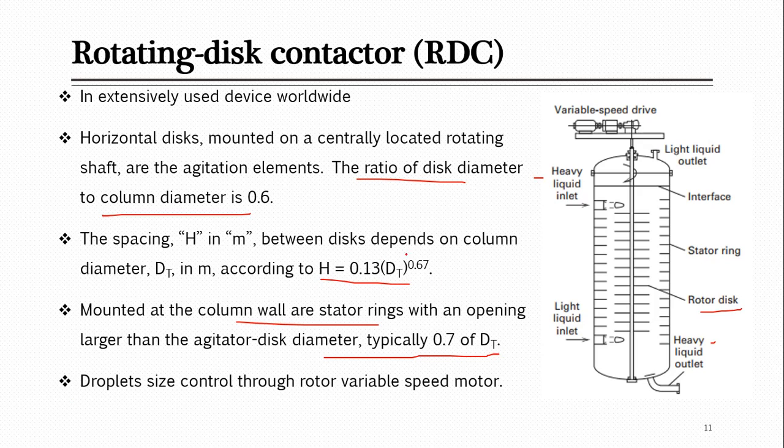Now, droplet size control. As I told you, a variable speed motor is installed at the top of this column, so you can control the speed of the motor, and thereby the rotating speed of the shaft and the discs.